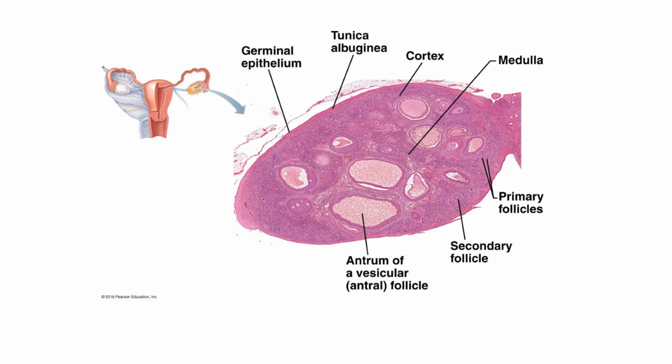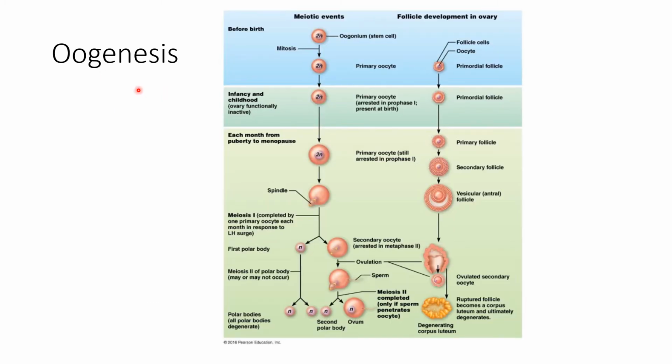So when the oocyte is going to rupture out of the ovary, the ruptured follicle cells that were surrounding those oocytes are actually going to be transformed into the corpus luteum.